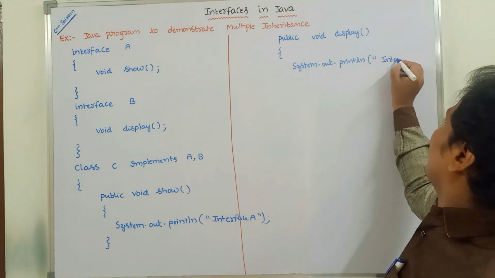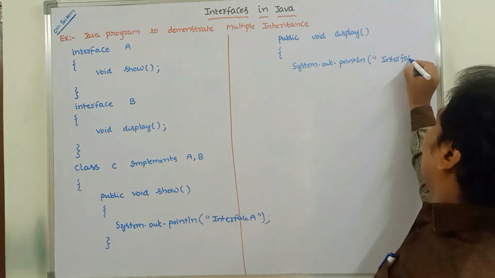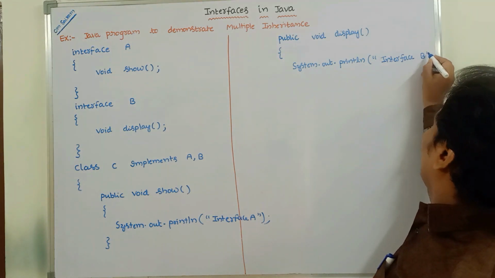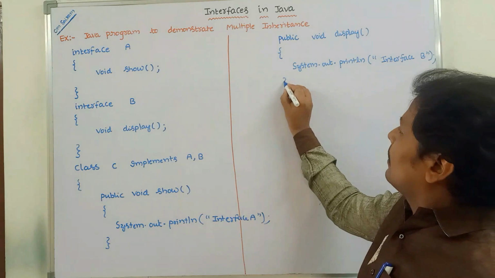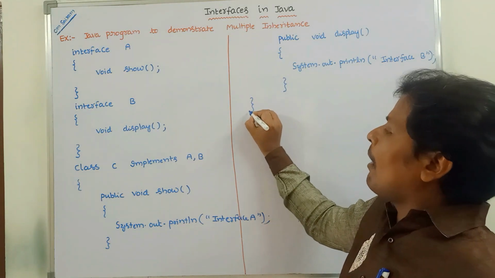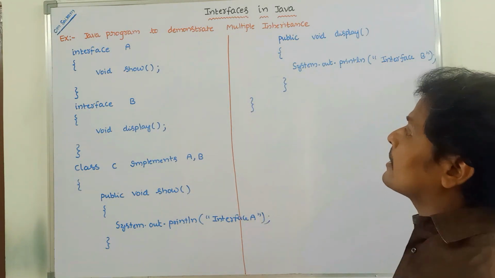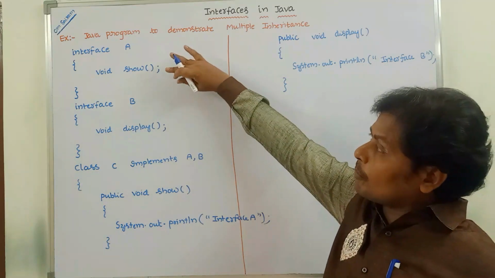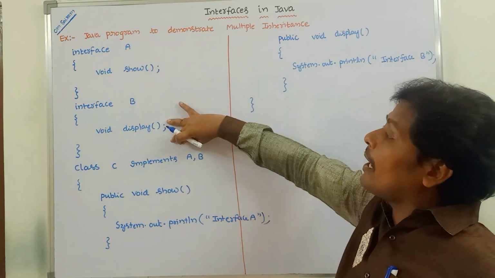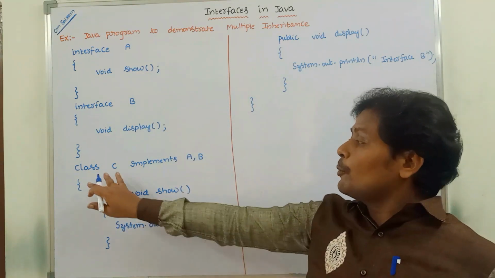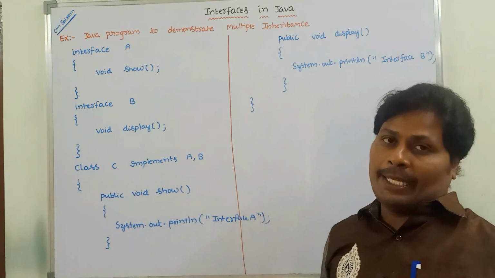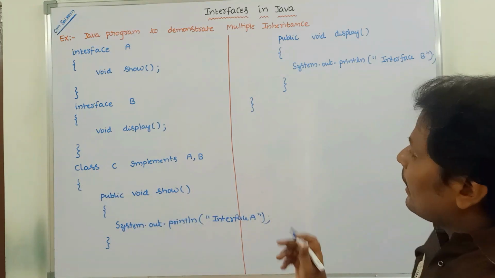This method is present in interface B. Now we have provided the implementation details for the methods present in interface A and interface B by using class C. Okay.